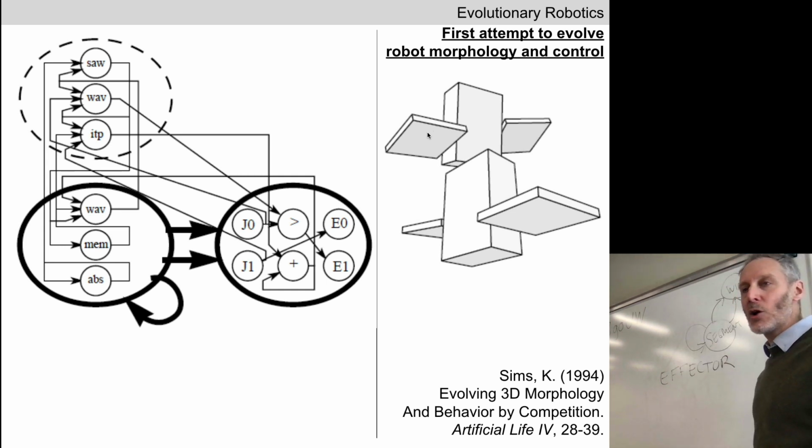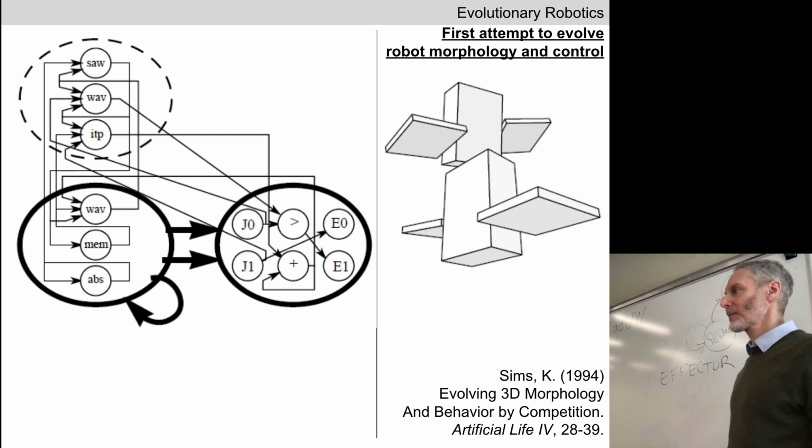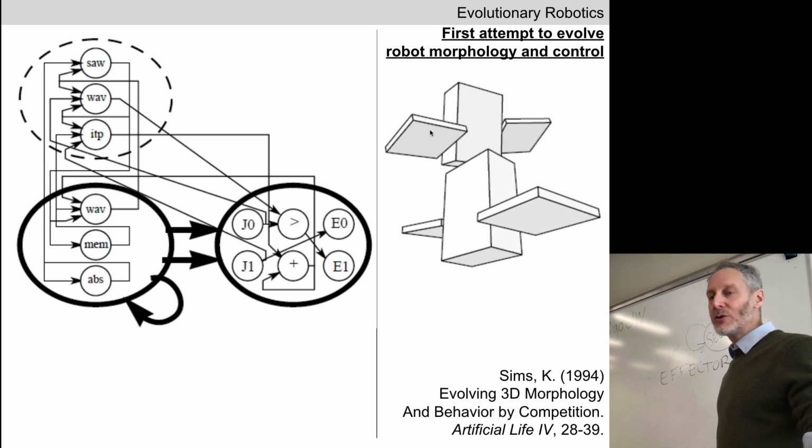If we were to crack open any one of these wings, what would we find inside? Do you think? Would we find no neural material, some neural material? What would it look like? What would we see inside?